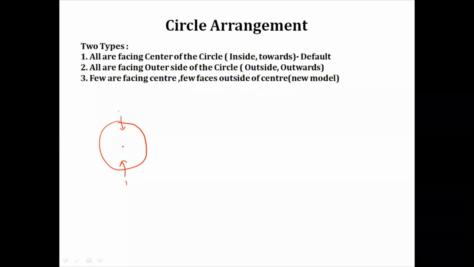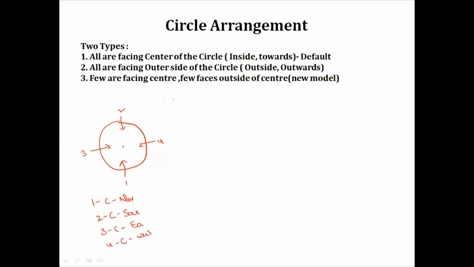Okay, this is person 2 and this is person 3 and let's take this is person 4. Now person 1 is facing center as well as north direction, and person 2 also facing center but he is facing south. Person 3 facing center but he faces east, and person 4 facing center and he faces west.